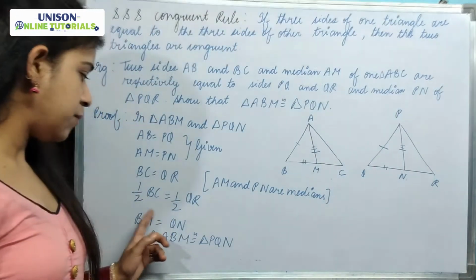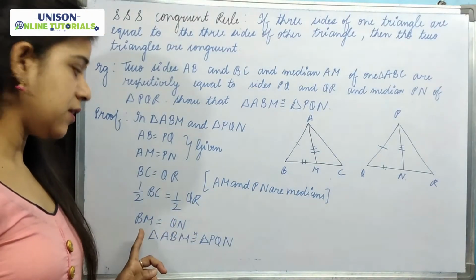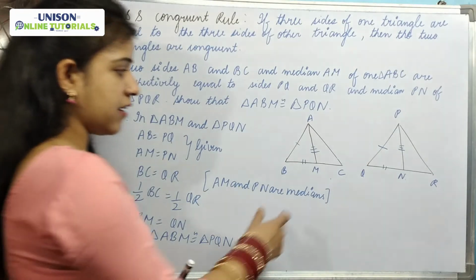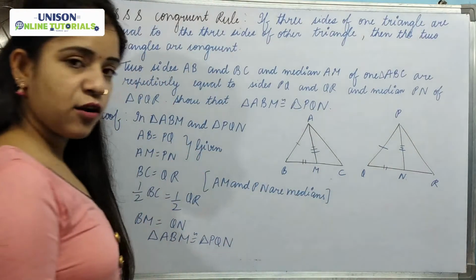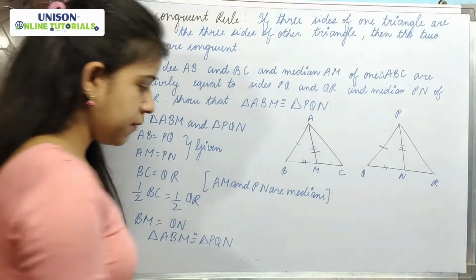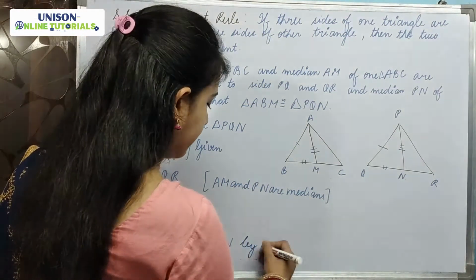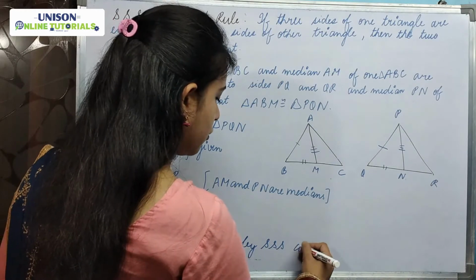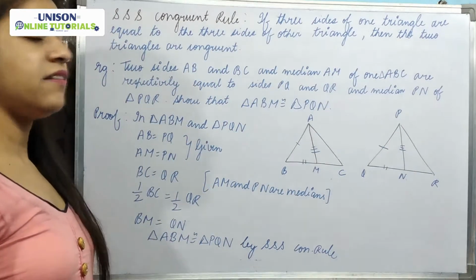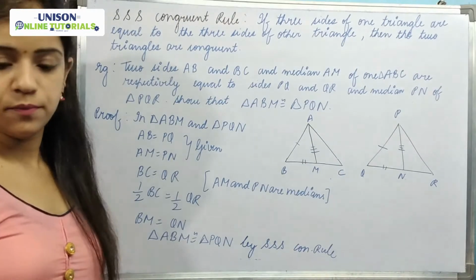So BM equals QN. So the third sides are also equal. So triangle ABM is congruent to triangle PQN by the side side side congruent rule.